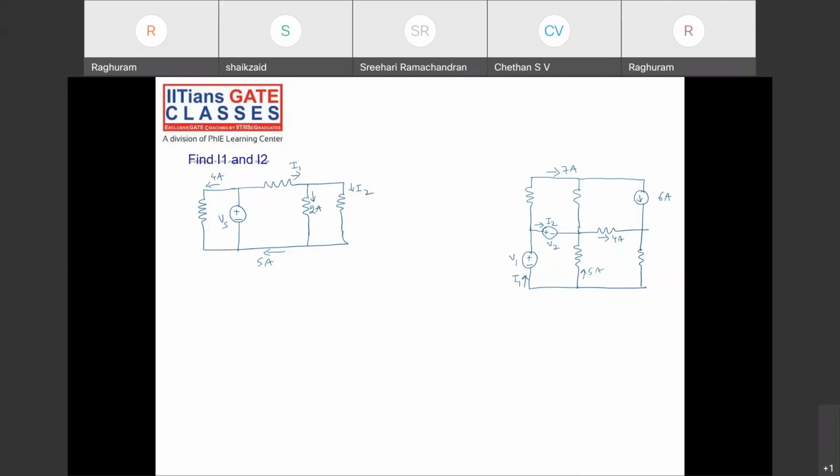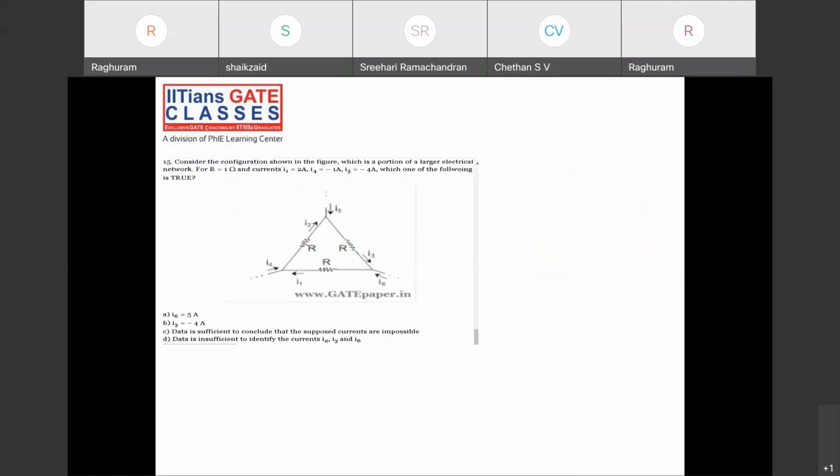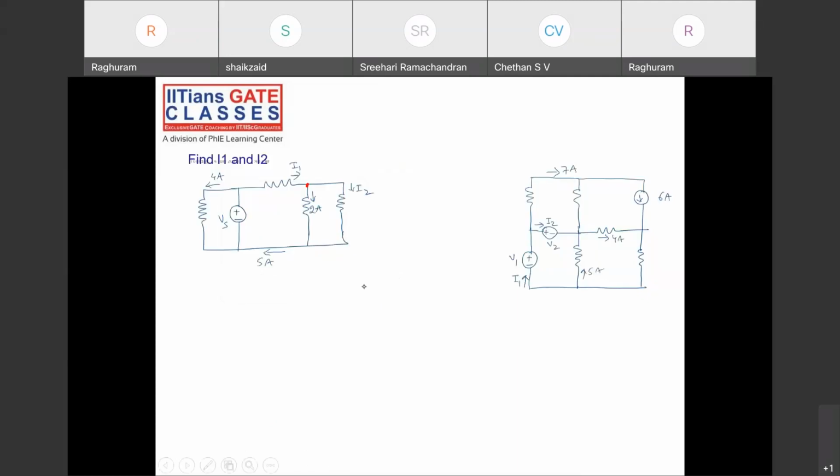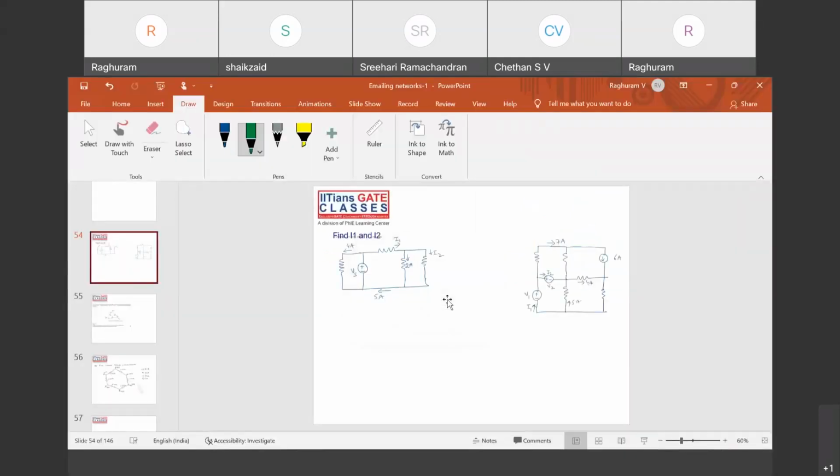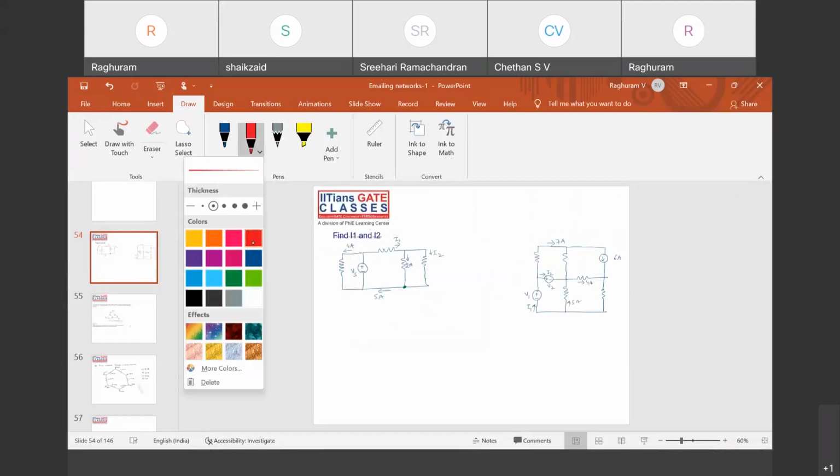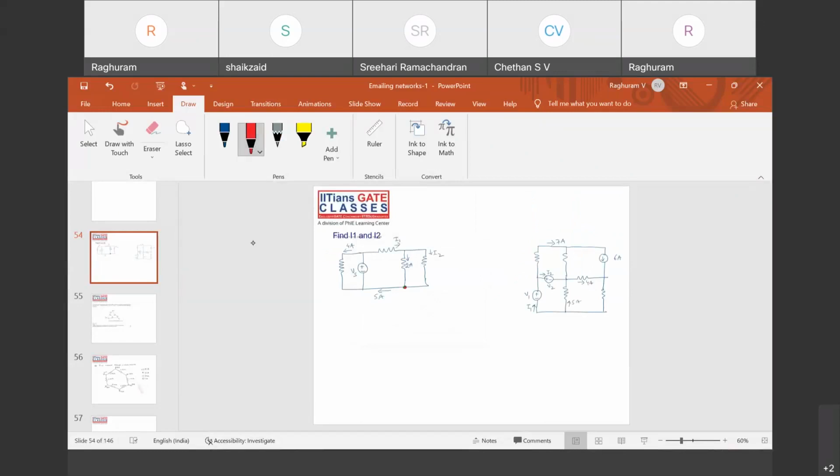Right, everyone look here. See, the simplest way to do this is to apply KCL at this point. Tell me what KCL states.